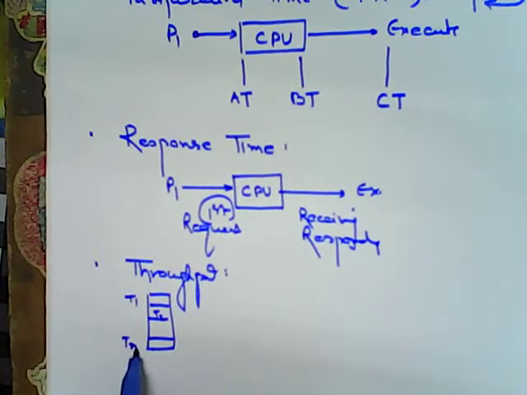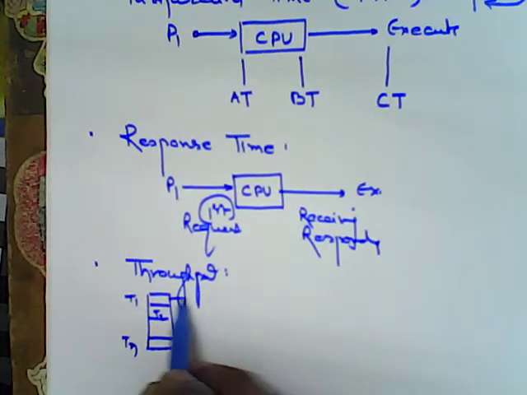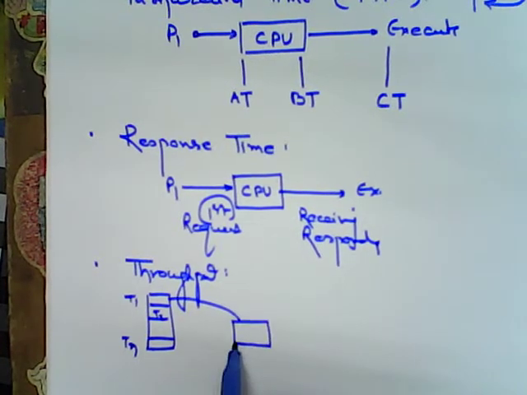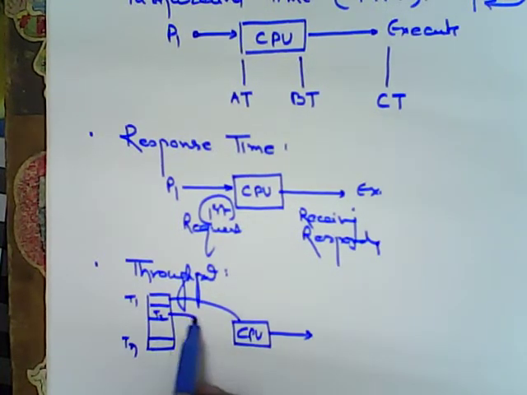Every task is processed by the CPU in a given period of time, T1, T2, T3 up to Tn, every process when it is executed by the CPU.